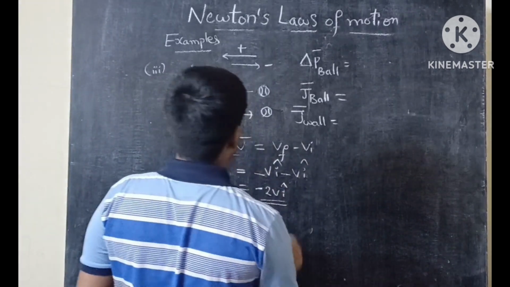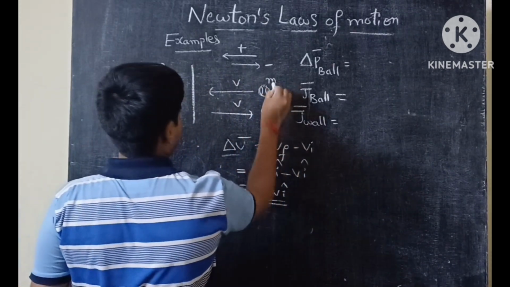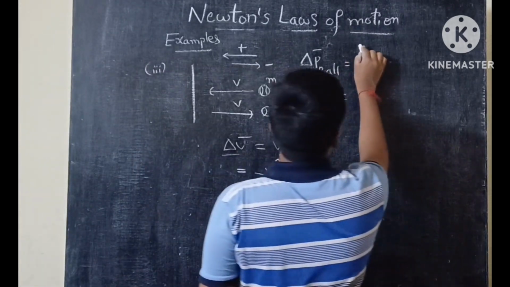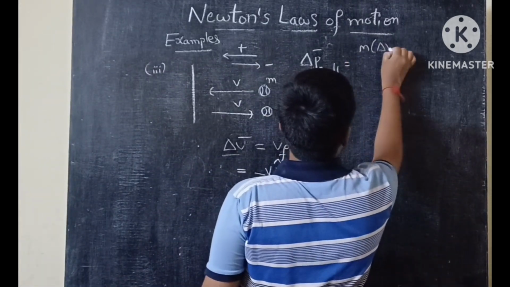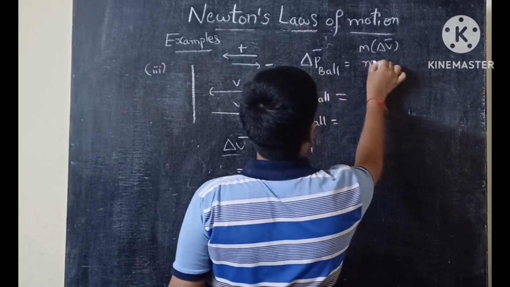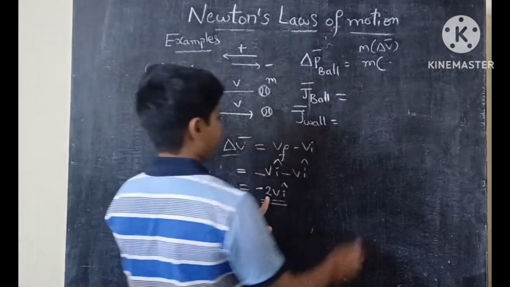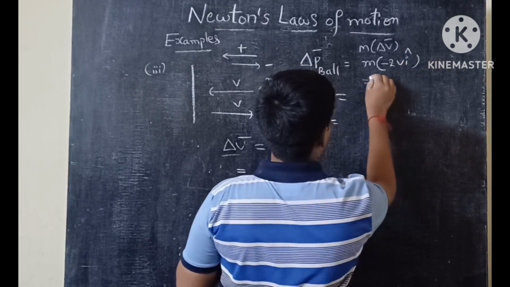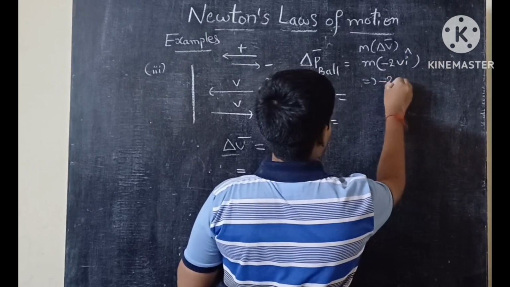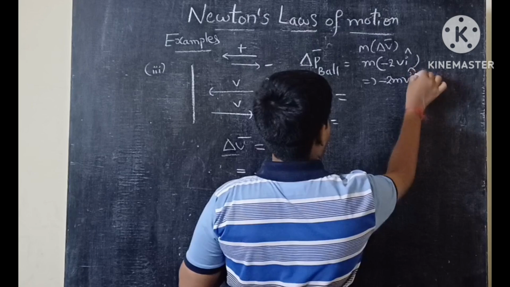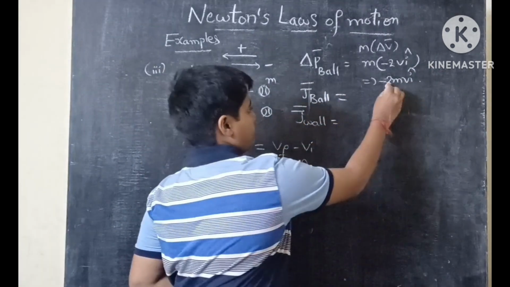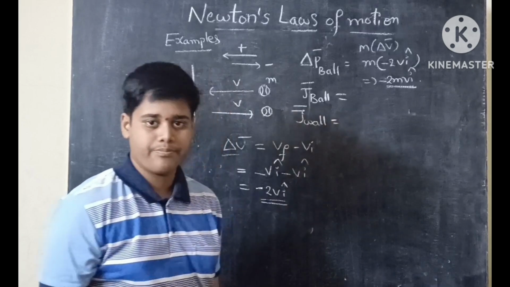I am taking the ball mass as m. Delta P bar means mass into delta V bar, which is mass into minus 2V I cap, which is minus 2mV I cap. That is the change in momentum.